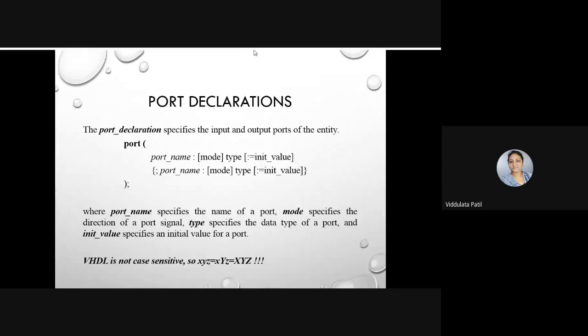Now the port declarations specify the input as well as output ports of the entity. For port declaration, the syntax is port, in round brackets the port name, which is a user defined name, then colon, then the mode of that port, whether it is an input port, output port or inout, then the type of that port, and sometimes it may have an initial value.